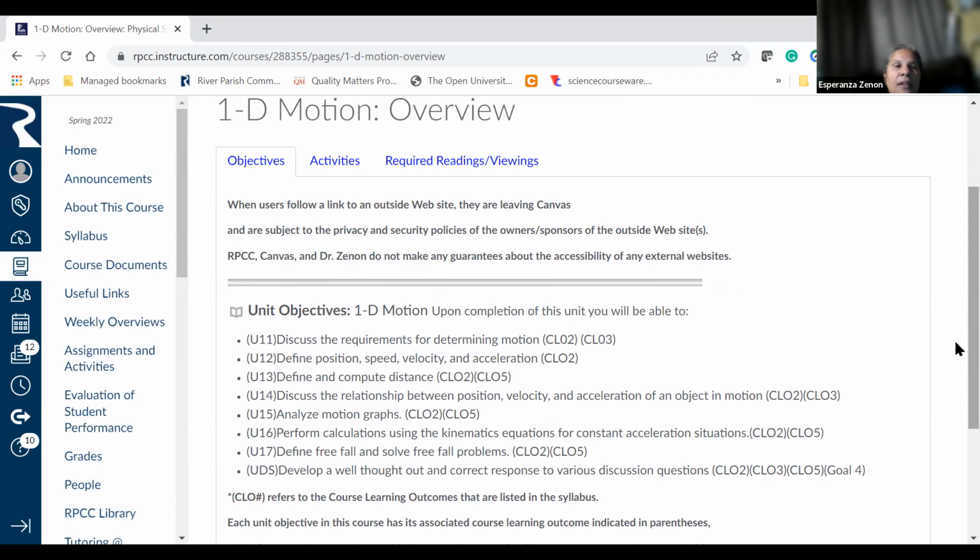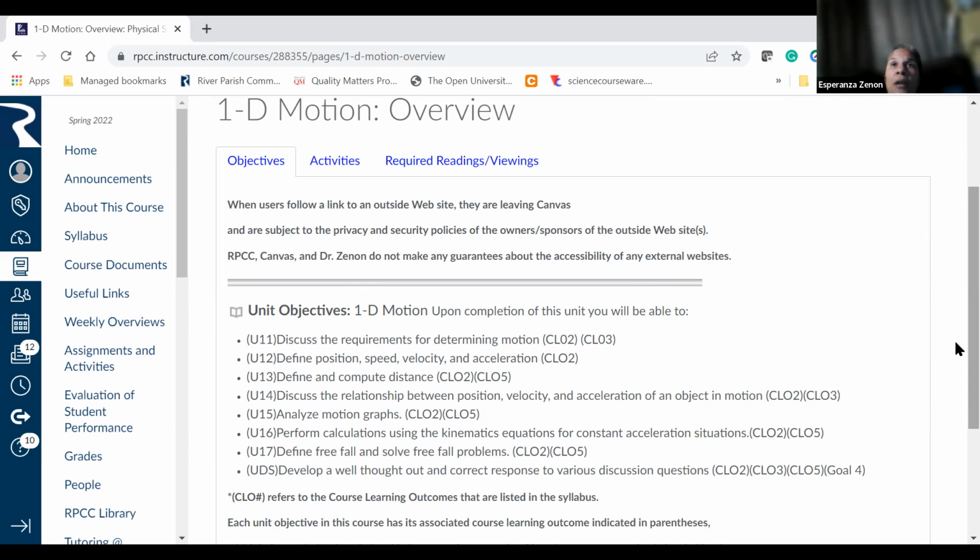All right. So let's get into this 1D motion business. Up till now, we hadn't really been dealing with the idea of motion. We've been focused on things like units, right?